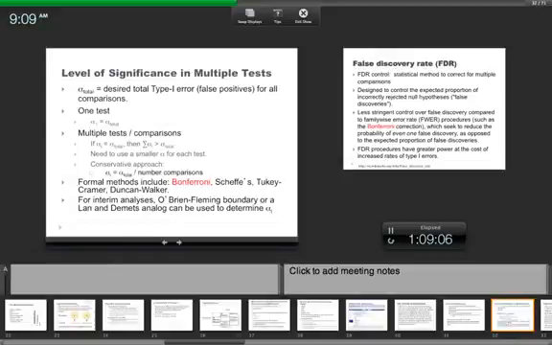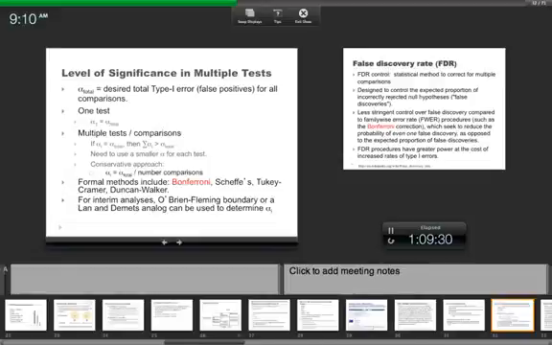So for this type of issue, the statisticians have gone in great detail into what's the best way to deal with this situation. And there are basically four common methods that are currently used to deal with this issue.